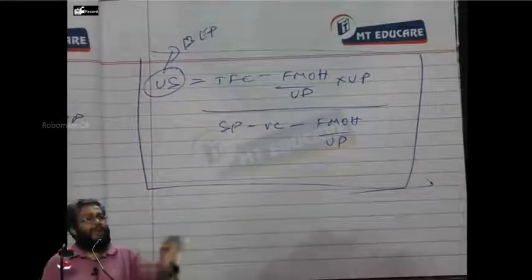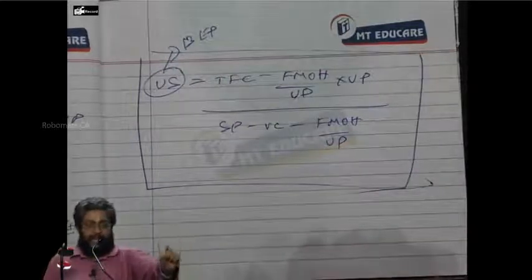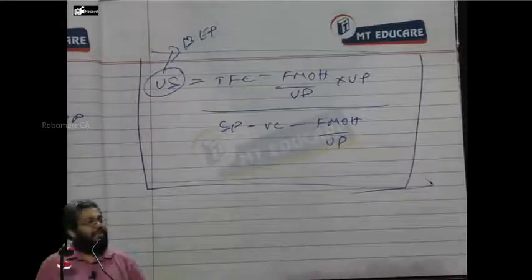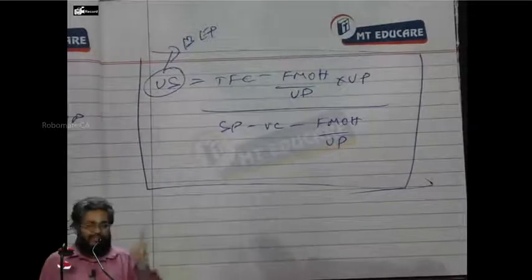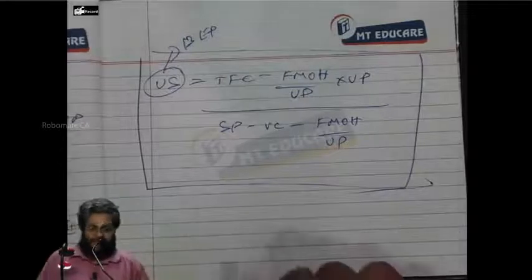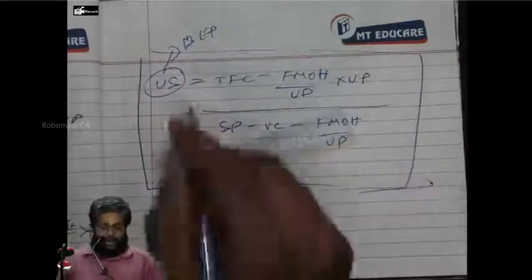Tell me simply the formula. What is the formula? Total fixed cost minus absorbed fixed overheads divided by selling price minus variable cost minus absorption rate. Have you written the formula in the notebook or not?